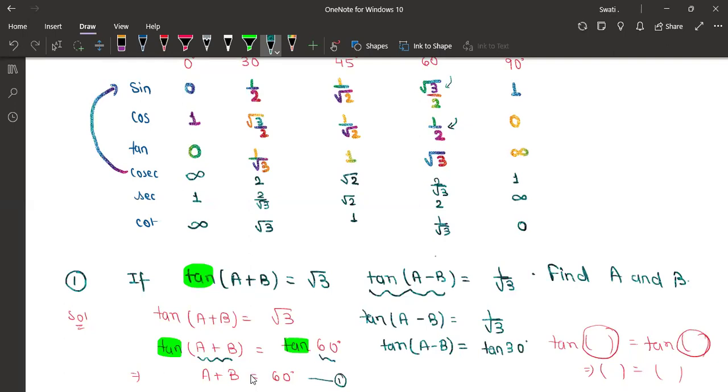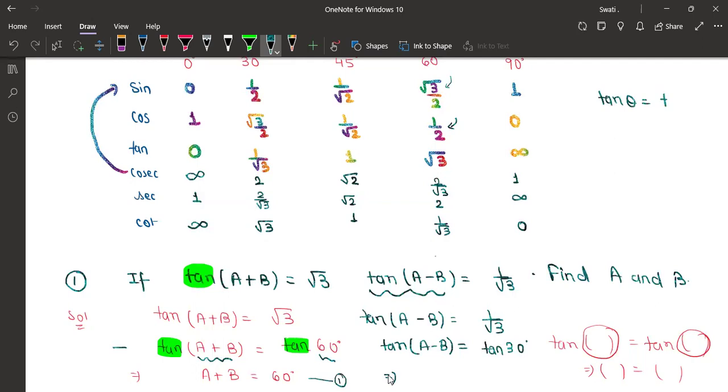Now, can you tell me what should be the next step? Just like we have, tan and tan get cancelled. So you will not say it because actually it does not happen. Just for your understanding, I'm saying that tan and tan got cancelled, but it is actually not getting cancelled. There is a formula, and the formula is simple.